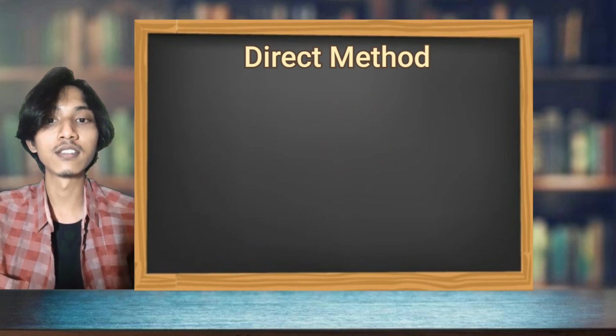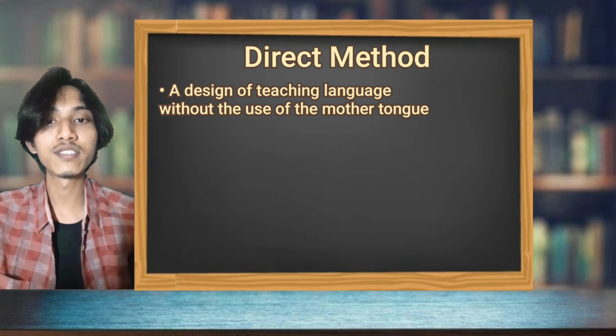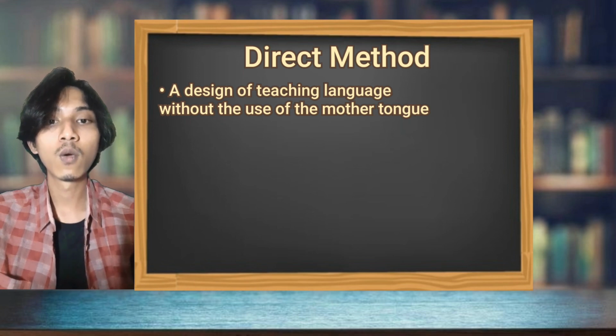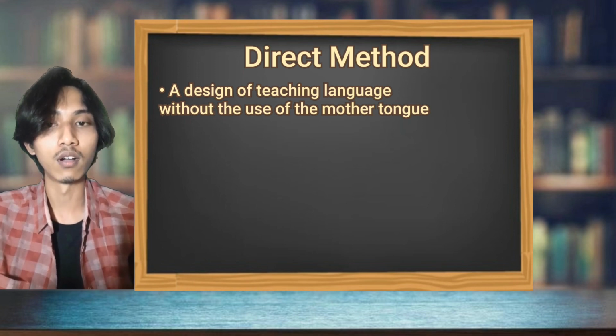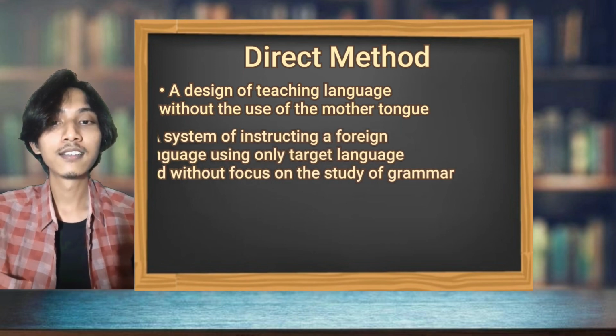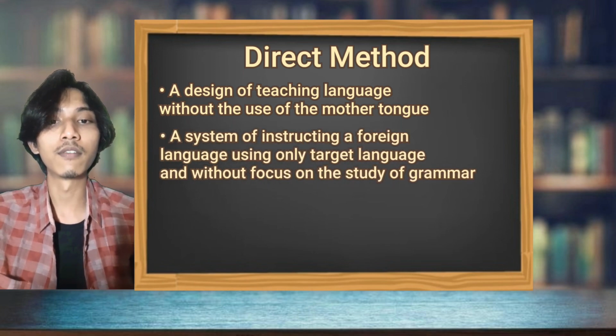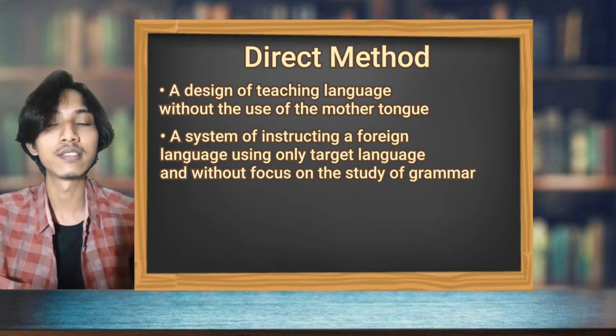The definition of the direct method is a design of teaching language directly with experience and expression between the English word, phrase, or idiom and its meaning through demonstration and dramatization, without the use of the mother tongue. Simply, the direct method is a system of instructing a foreign language using only that language and without focus on the study of grammar.